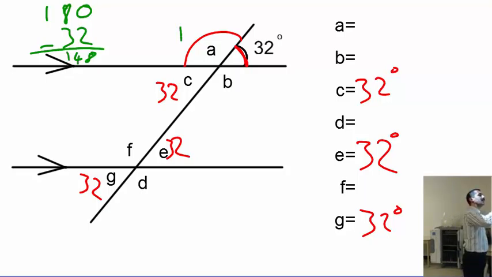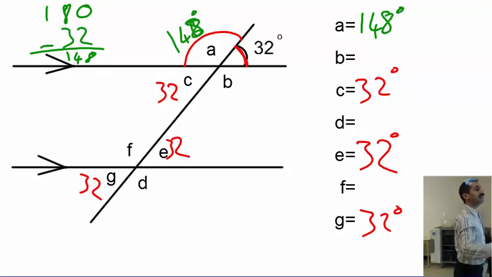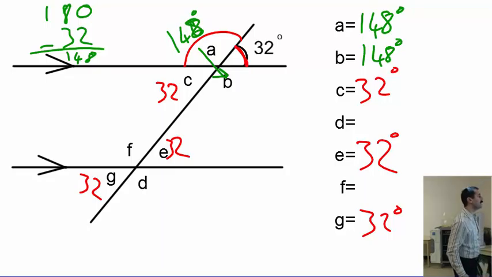So I know A is 148 degrees. Since A is 148 degrees, across from it, B is supposed to be 148 degrees as well.